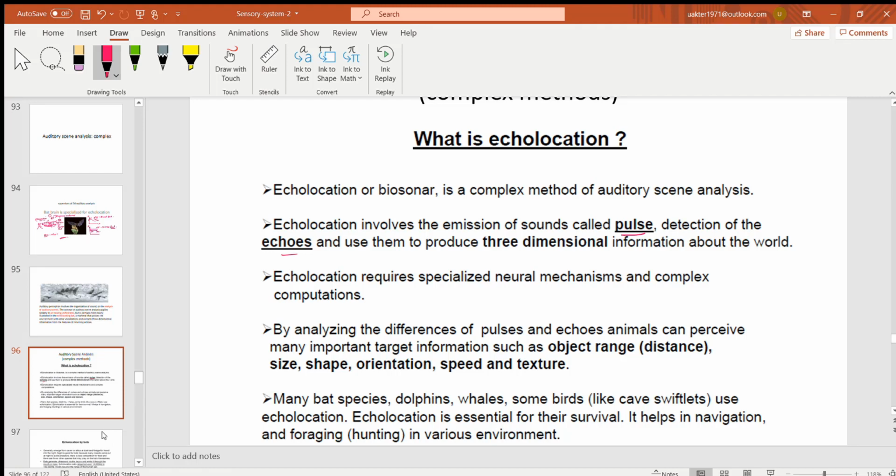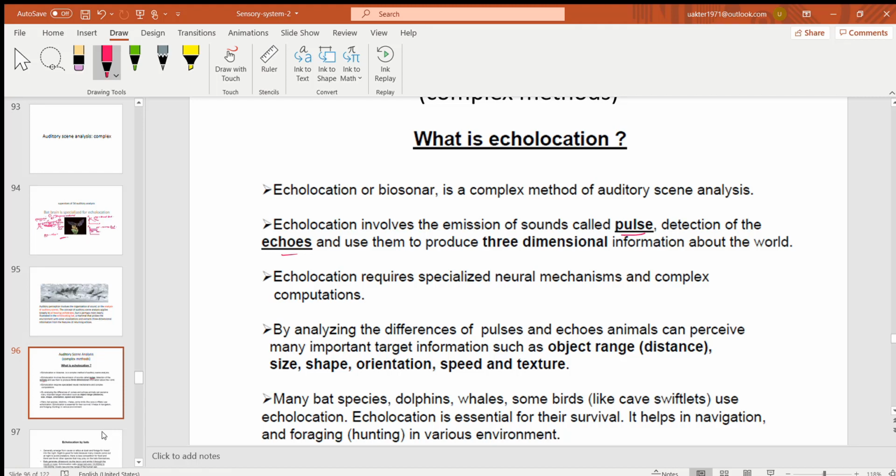Now, by analyzing the pulse and the echo, they can detect a number of important pieces of information about the object. They can detect the distance, the size, texture, velocity. So flight to flight information.